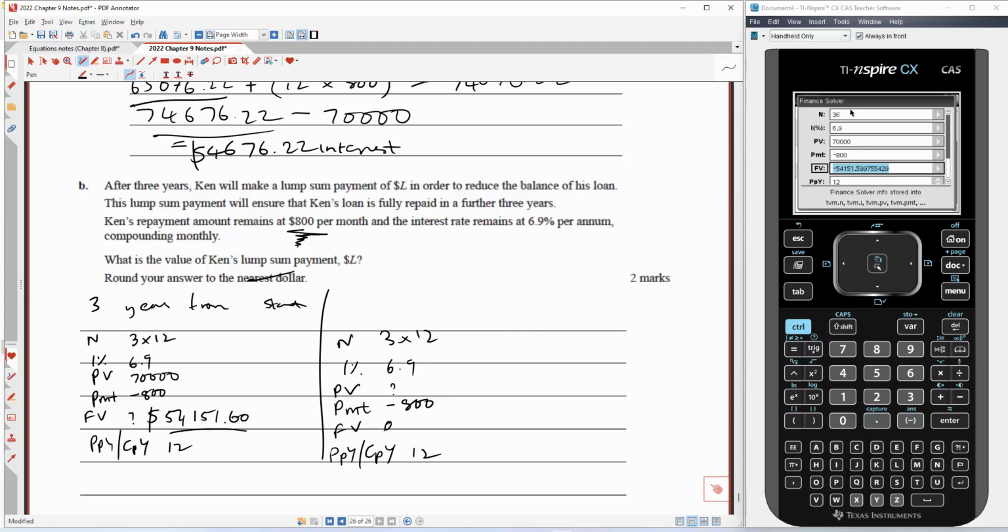So that is, if the loan was finished, what would the value of the loan be if I kind of go back in time 3 years? This is really what it's saying is, okay, if I was making payments of 800, terminating at 0 under these conditions, what would it have been to pay it down? All right, so all we're going to do here is set the future value to 0.